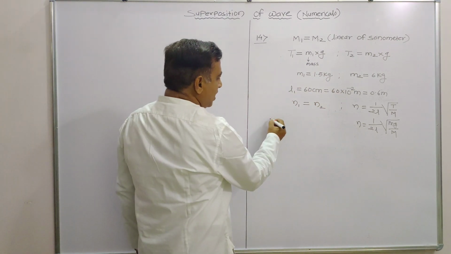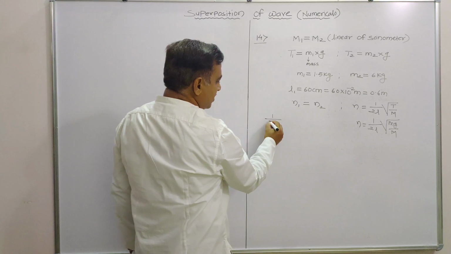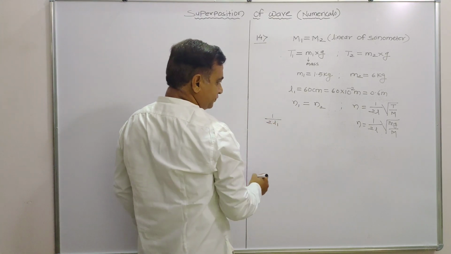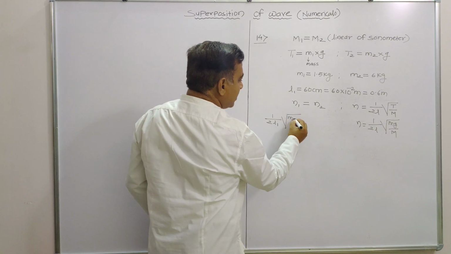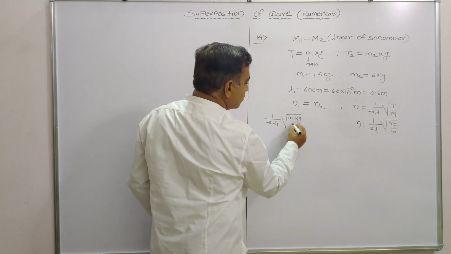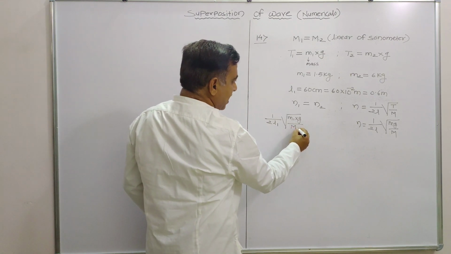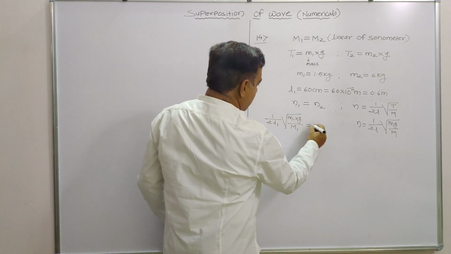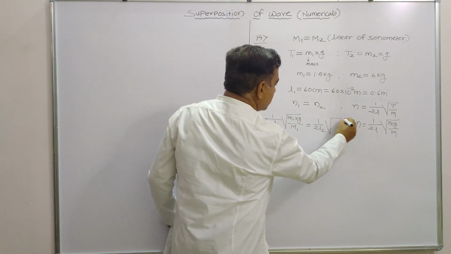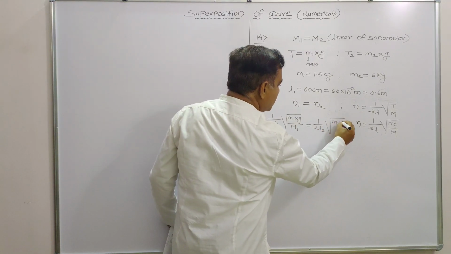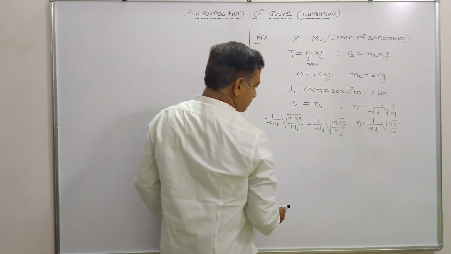So for the first frequency, 1 upon 2L1 under root of M1 into G divided by M1. Acceleration due to gravity never changes. And here it is 1 upon 2L2 under root of M2 into G divided by M2.